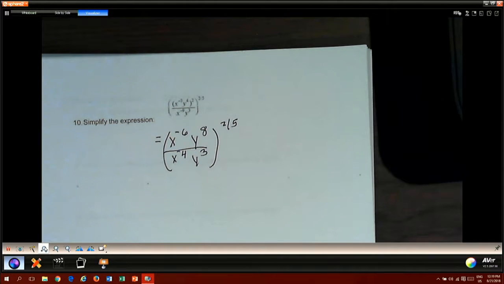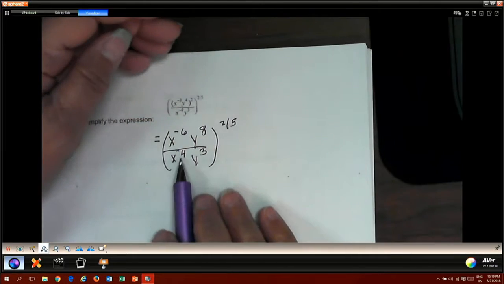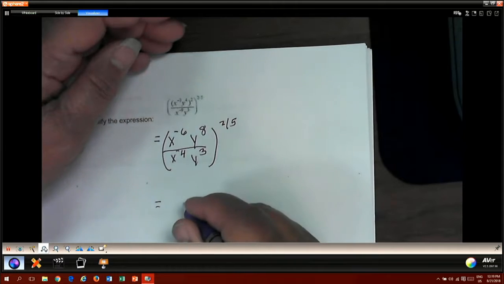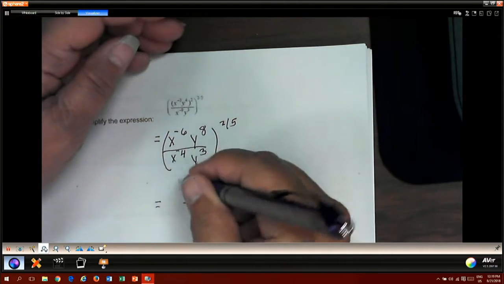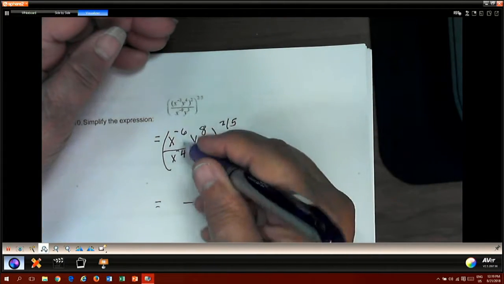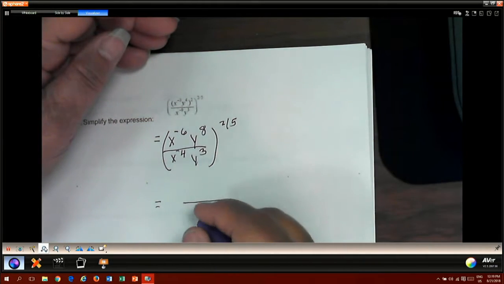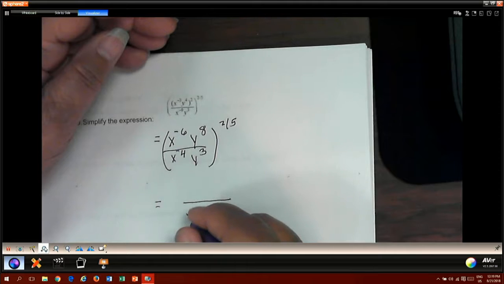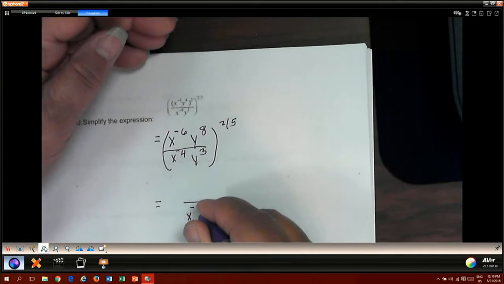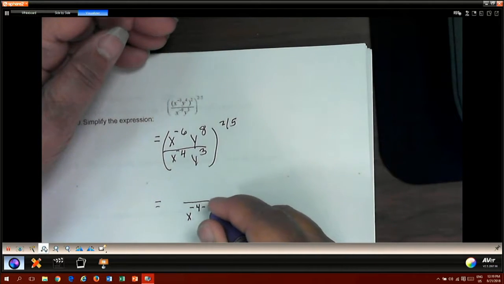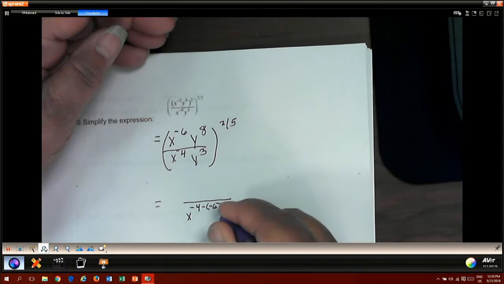Well, still, if we follow rules of operations, order of operations, we simplify what's within the parentheses first. Now, negative 4 is a higher exponent than negative 6. So we're going to move the negative 6 down and subtract it. So we have x to the negative 4 minus the negative 6.